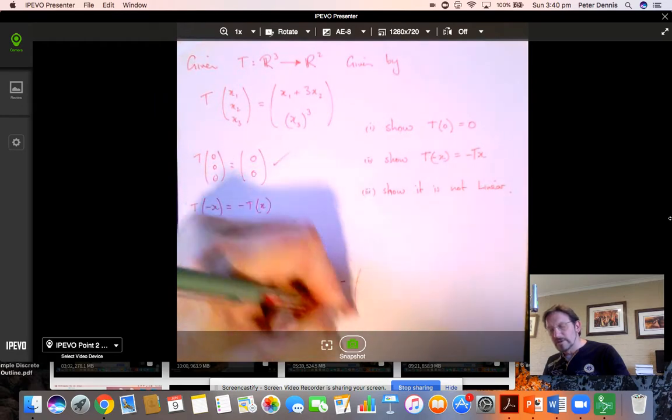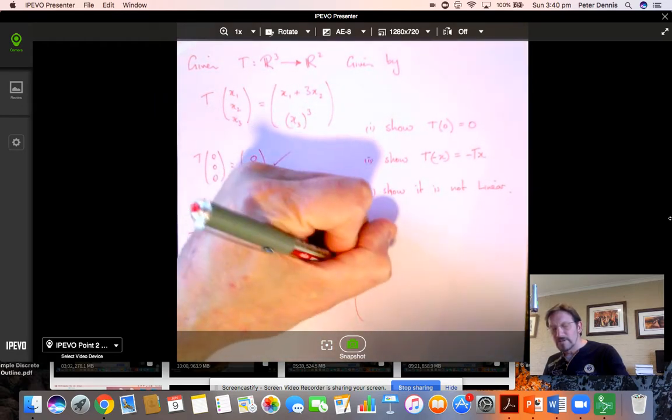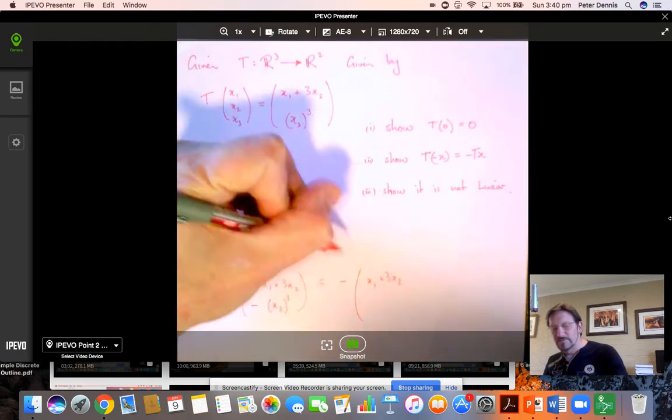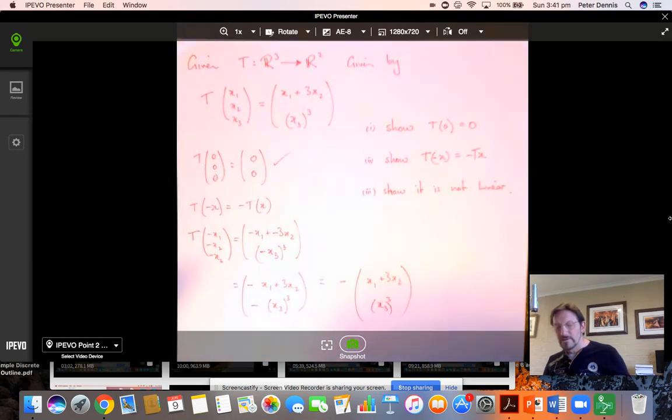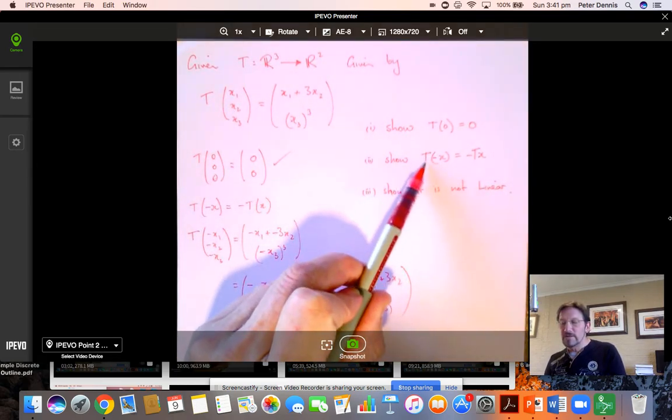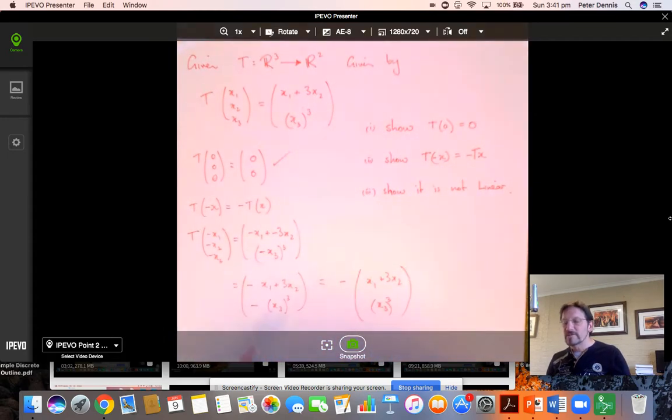Minus outside of x1 plus 3x2, x3 cubed, which is exactly what we wanted to show, that the transformation of minus x equals minus the transformation of x.